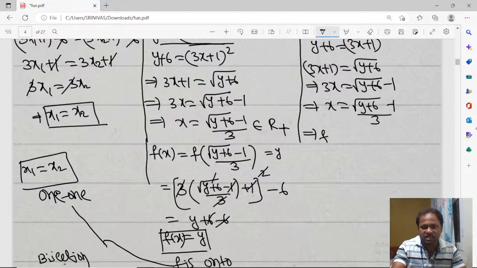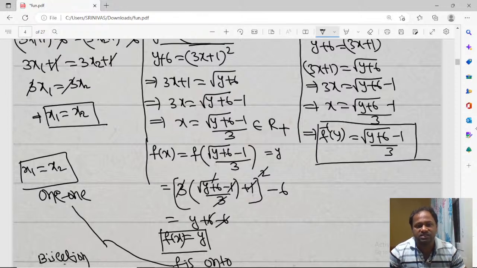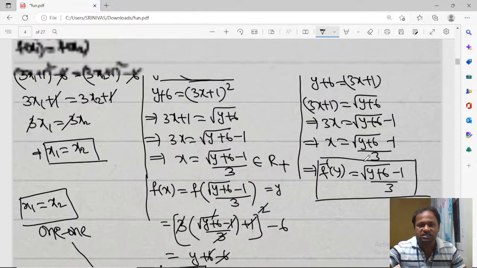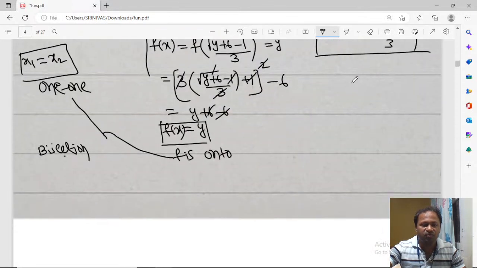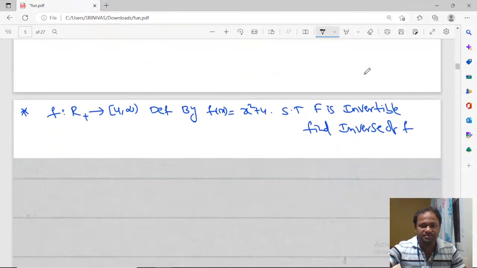So x is nothing but f inverse of y, which is (√(y+6) − 1)/3. This is the required inverse. As the question asked, we have proved the f inverse value. So this is the method to find the solution.